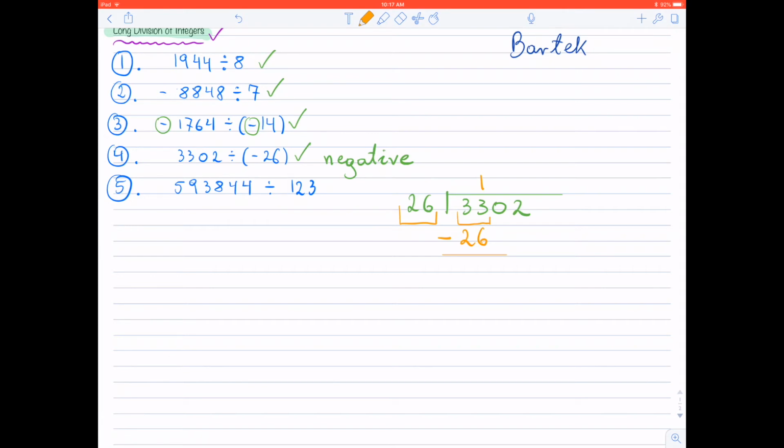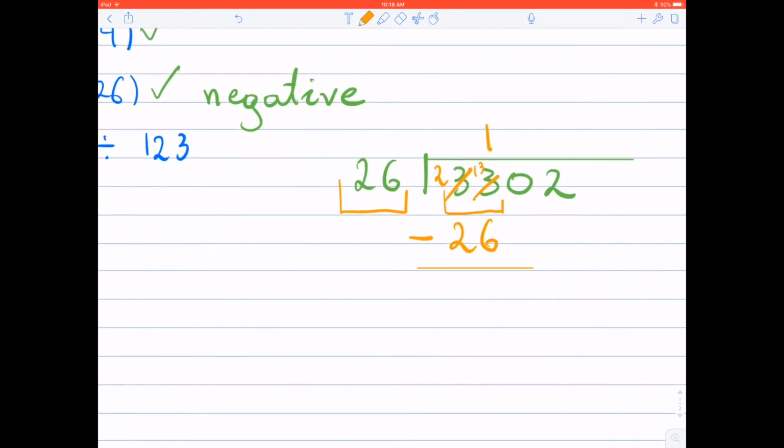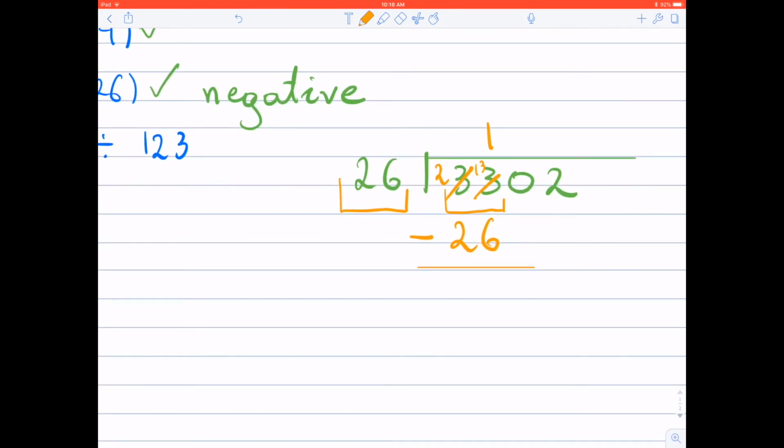Now again, 3 minus 6. So I have to take away. This will be 13 there. And 13 minus 6 that I have is 7, and 2 minus 2 is 0. So let's bring down this right here.